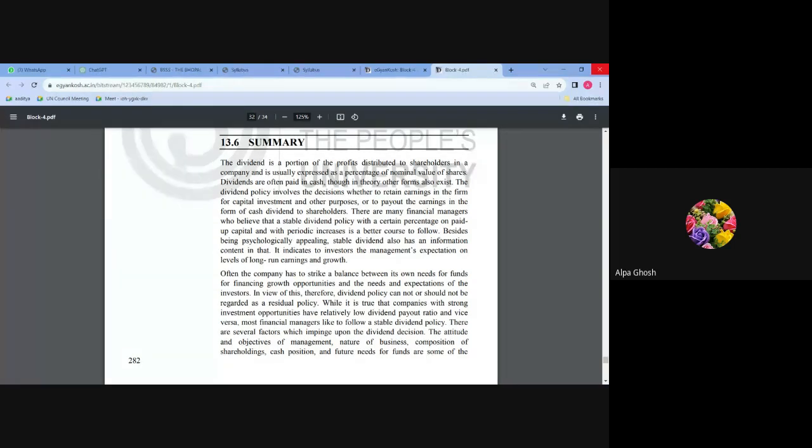What is suggested is that even if it is a low rate, there should be continuous payment of dividend every year. Besides being psychologically appealing, stable dividend also has information content, in that it indicates to investors the management's expectation on the level of long-term earnings and growth.